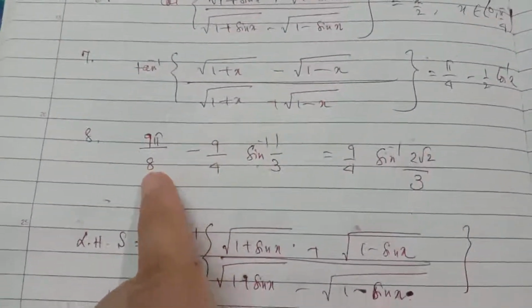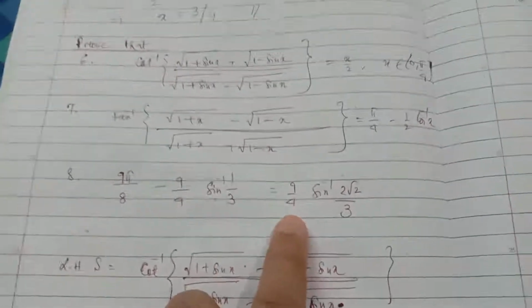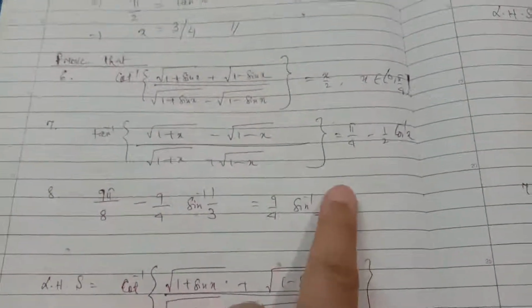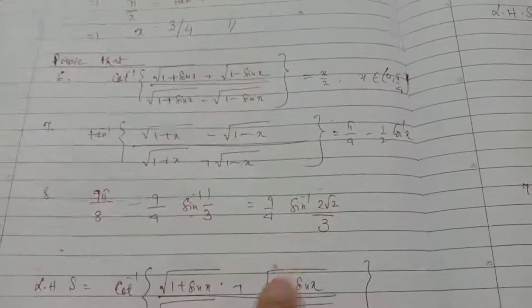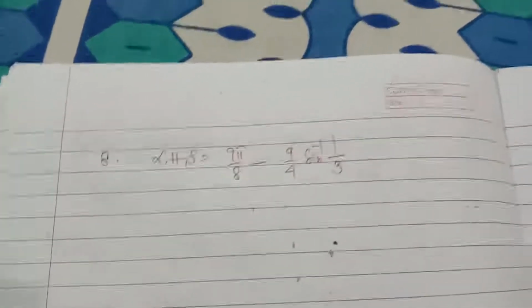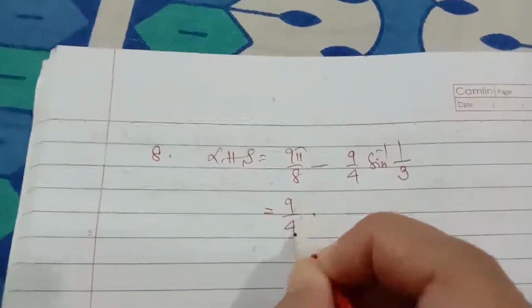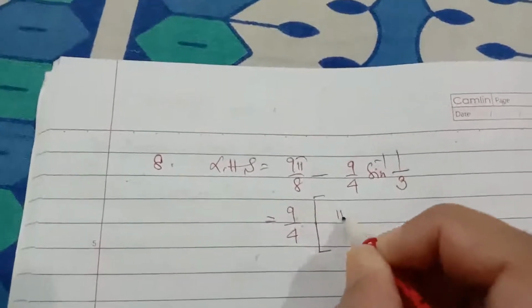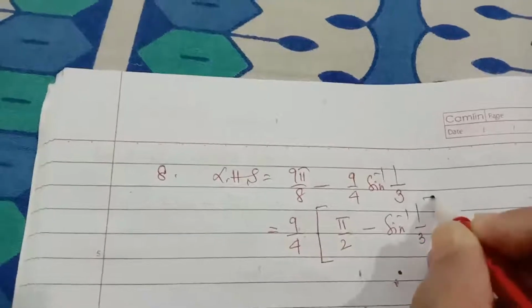We have to prove 9 pi by 8 minus 9 by 4 sin inverse of 1 by 3 is equal to 9 by 4 sin inverse of 2 root 2 by 3. Again, let us start from the left hand side. We can take 9 by 4 common, and we'll get pi by 2 minus sine inverse of 1 by 3.